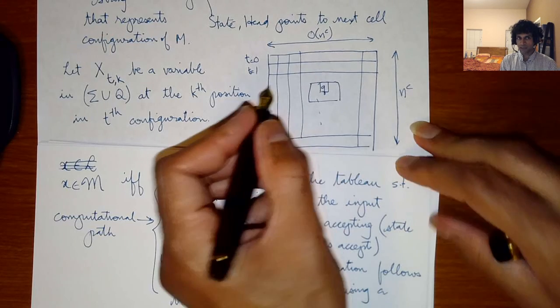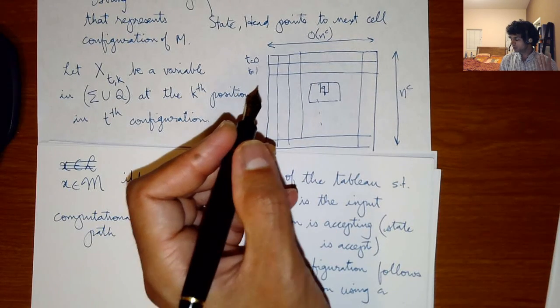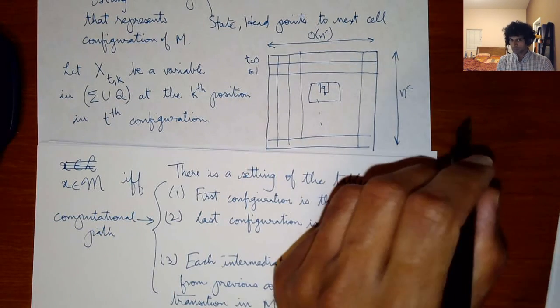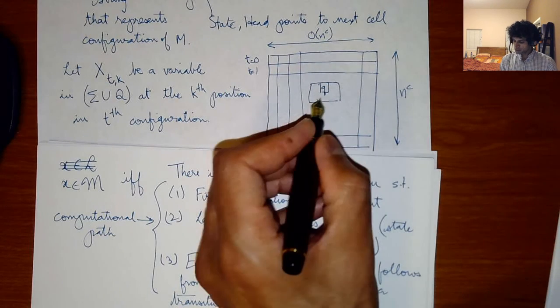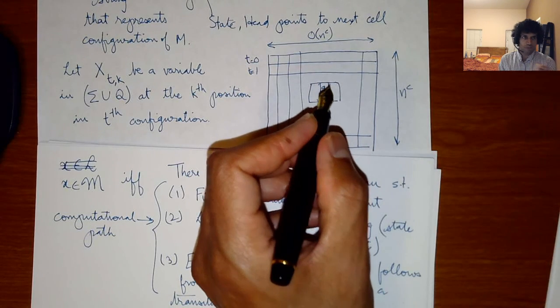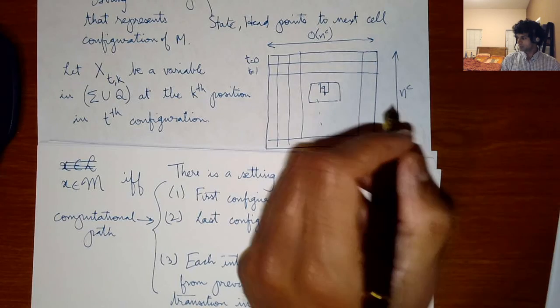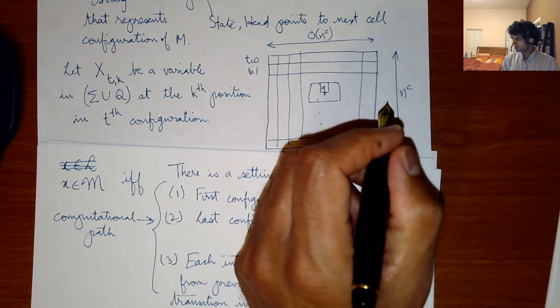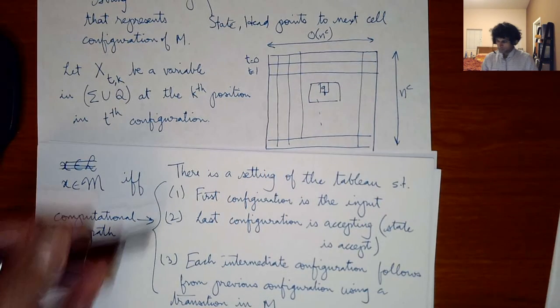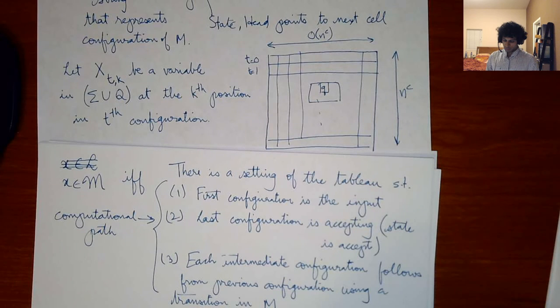In every other place, the string just doesn't change. The configuration doesn't change. Does that make sense? The head is only going to move one step and everything else is going to remain the same. So it's possible to check all of these in polynomial time.